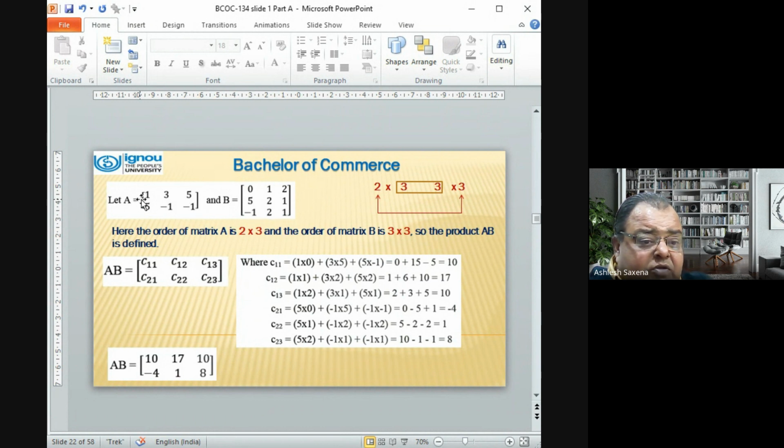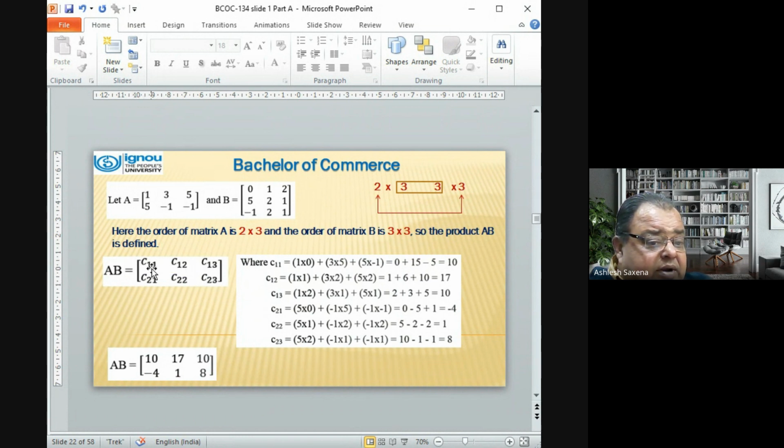So what will you get? 0 plus 15 minus 5. That will be 10. Here it is. Second one, C12. Now see, I have written this. This is the answer. The order will be a 2 by 3 matrix, 2 rows and 3 columns.